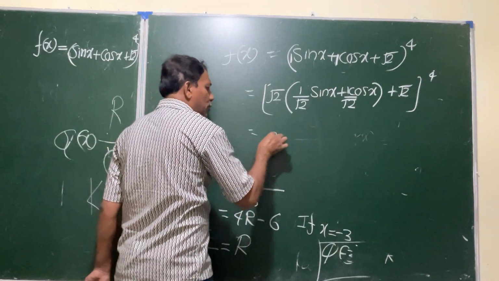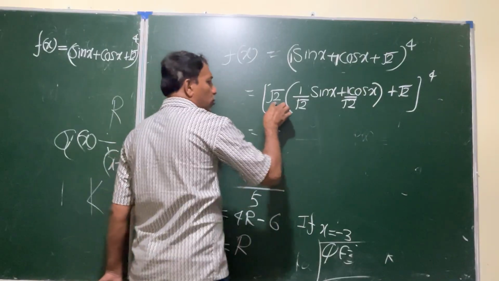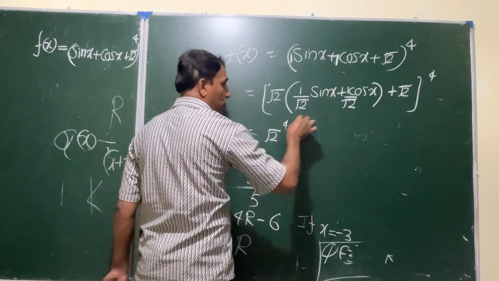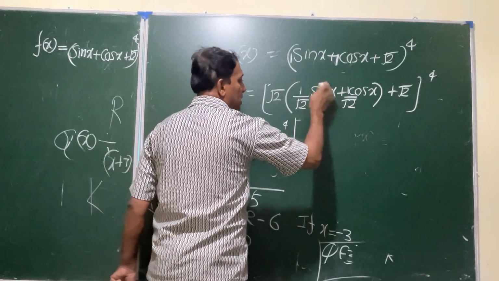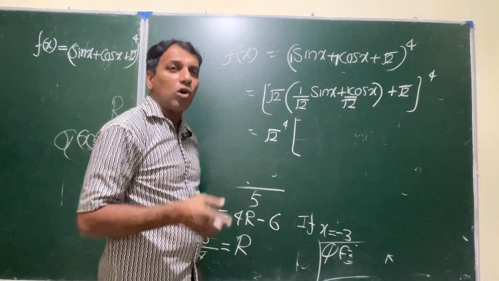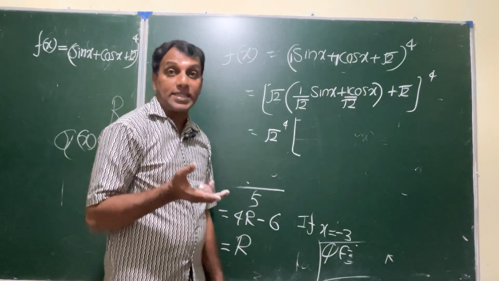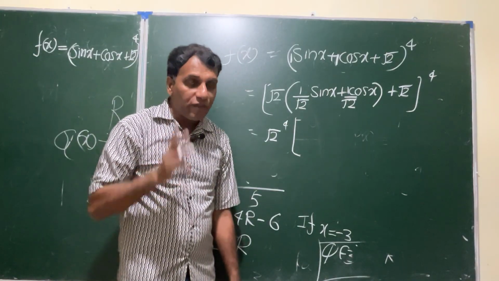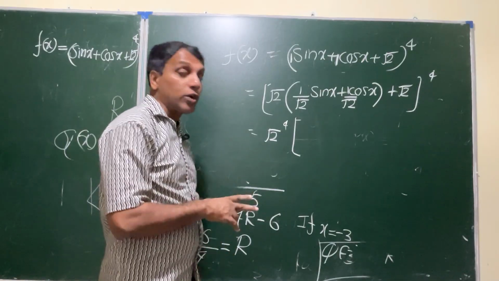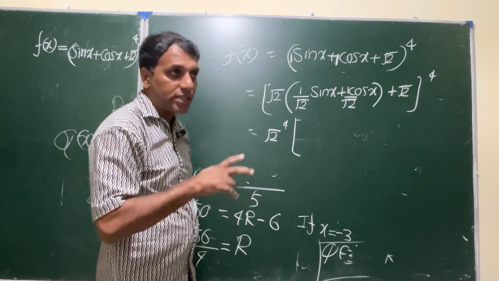So can I take the root 2 out? Square root 2 taken out, that is power 4. So here this 1 over root 2 sin x plus 1 over root 2 cos x. So if you're well talented in this trigonometry, this is a revision workout series. We hope you covered the entire syllabus of trigonometry.